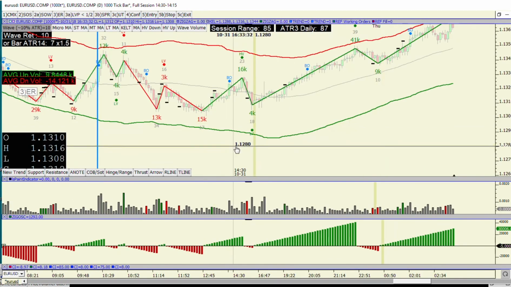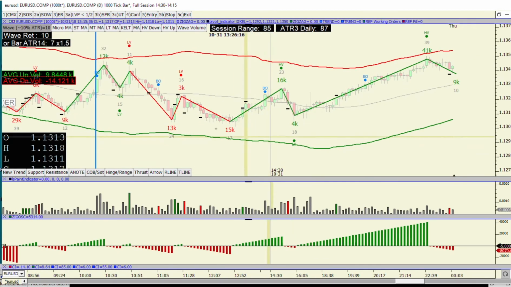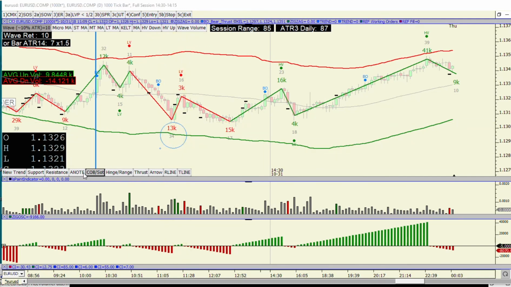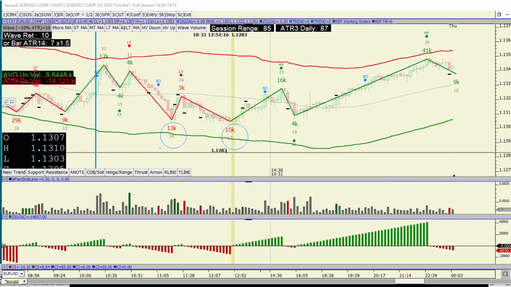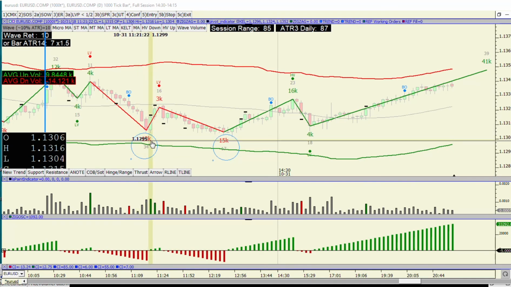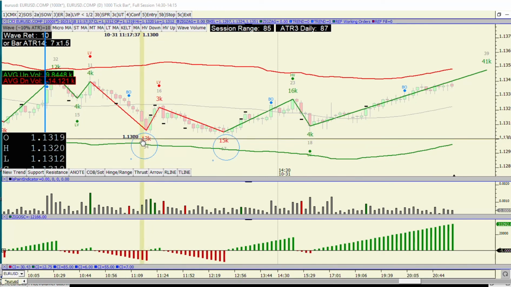Let's go all the way down. We can observe these two points here. This point and this point. Here you have 13,000. This is in volume. The amount of volume is 13,000.